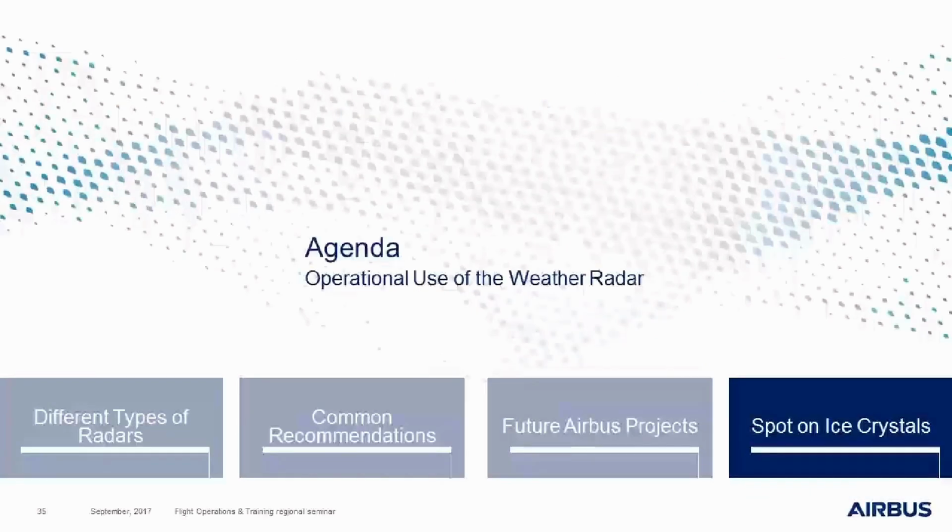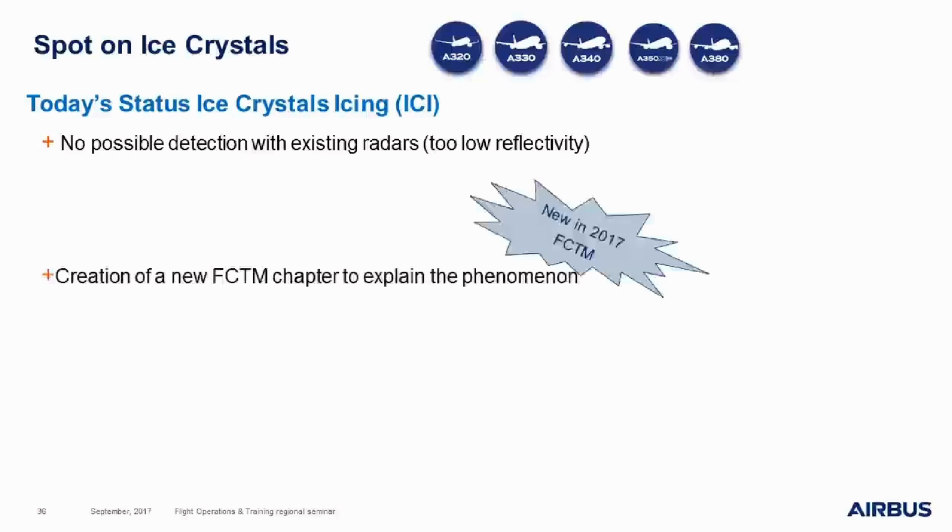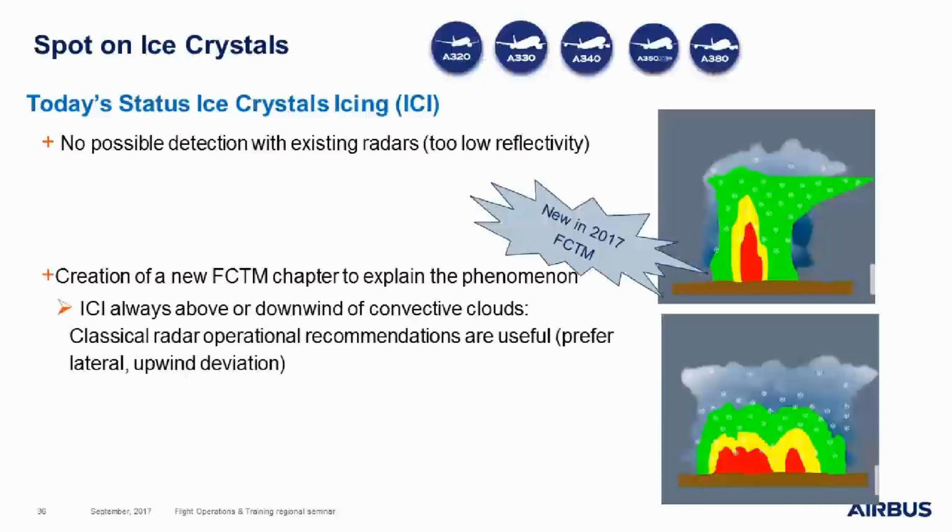I would like to take the opportunity of this presentation to make a small spot on ice crystal. Well, today it is not possible to detect ice crystal with existing radars because they have too low reflectivity. We have, however, created a new FCTM chapter to explain the phenomenon of ice crystals.